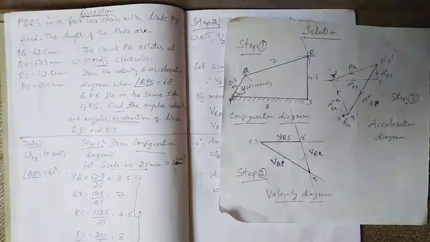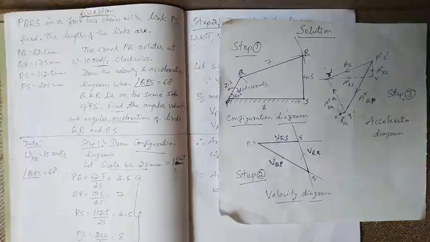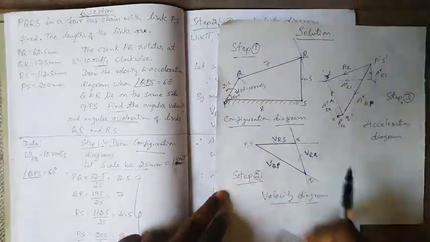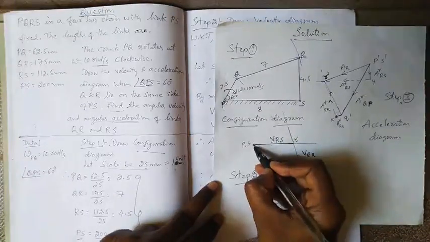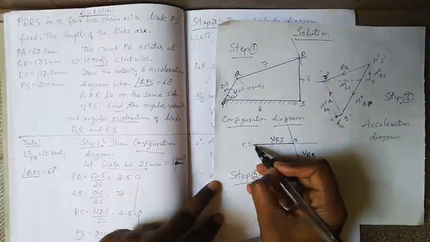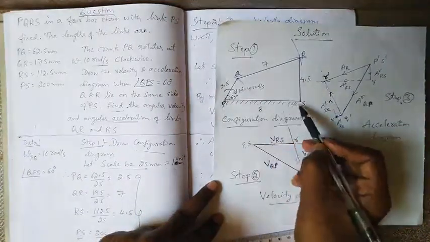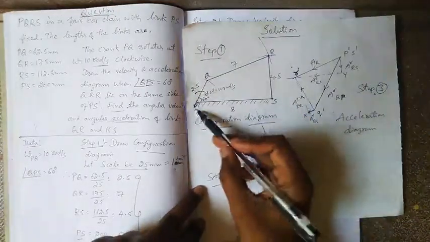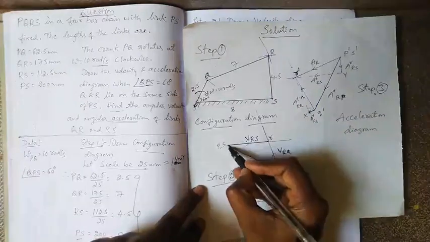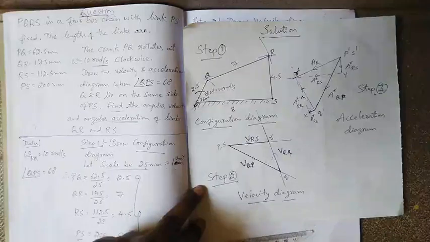Now I will explain how to draw the velocity diagram. The velocity vector will always be perpendicular to the link. So consider the first point on the sheet: the fixed points will be considered as the starting point. Here we have point P and point S. These two are fixed, hence points P and S will both be considered as a single point. All fixed points will be considered at only one point in the velocity diagram.